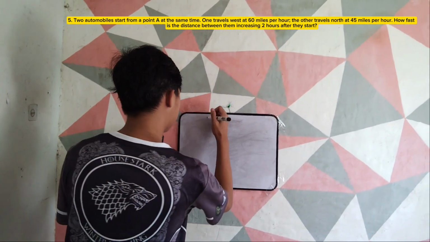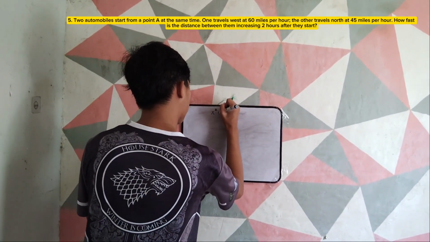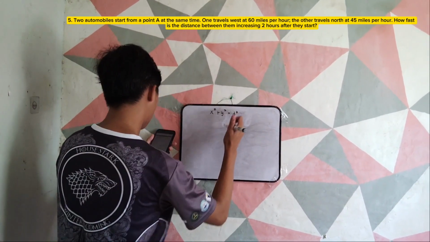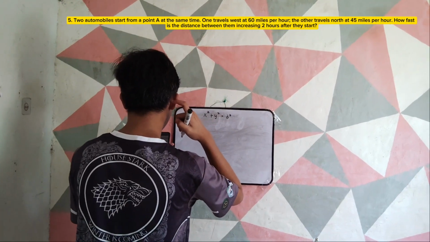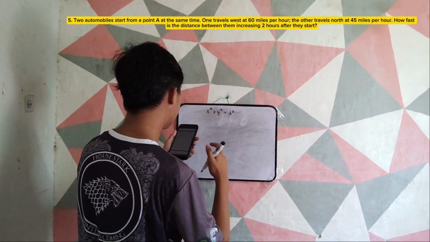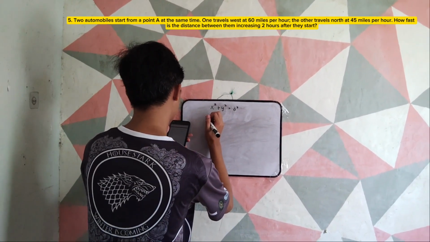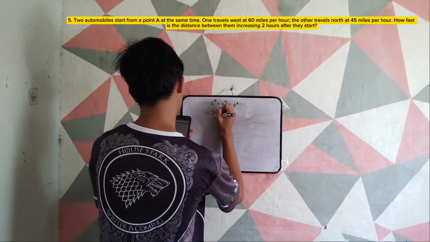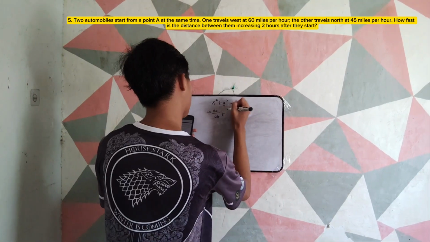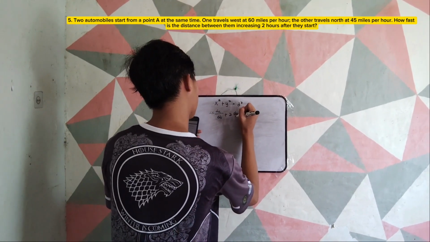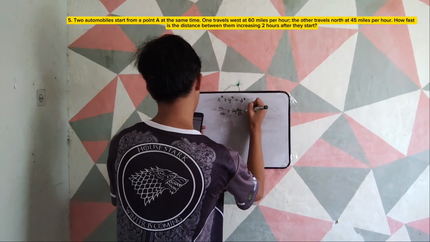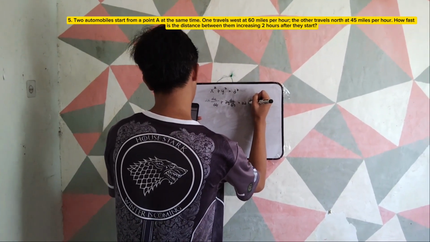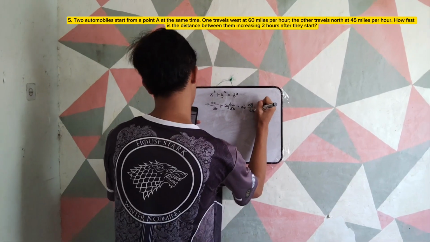Using the Pythagorean theorem, x squared plus y squared is equal to d squared. We all know that dx over dt is equal to 60 and dy over dt is equal to 45. So the derivative is 2x dx over dt plus 2y dy over dt is equal to 2d dd over dt.